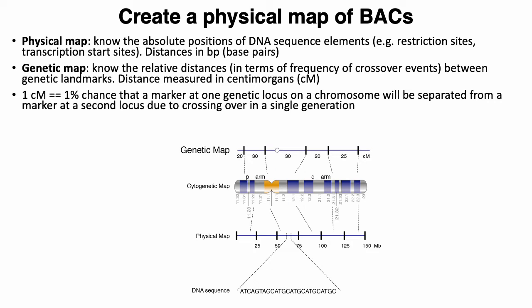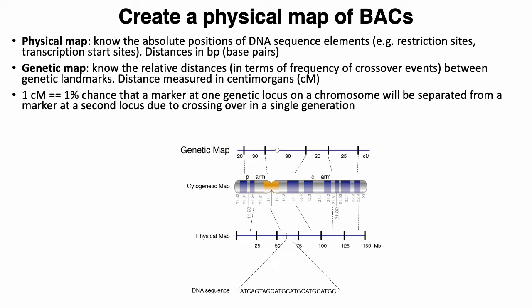That's in contrast to what is generally referred to as a genetic map, where genetic maps are maps derived from knowing the relative distances between genetic landmarks. By relative distance, I mean that through other means, you can estimate, for example, the relative frequency of crossover events that occur between 2 different genetic landmarks on the genome.